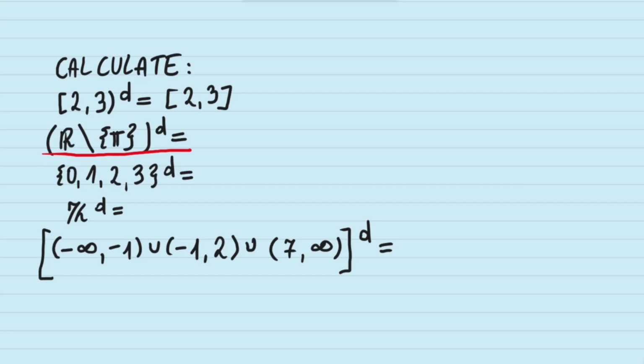Here we have almost all real numbers. Of course, R means just real numbers, but we have one number removed, namely pi. So our set is the whole axis there, but we are missing only one point in it, which is pi.